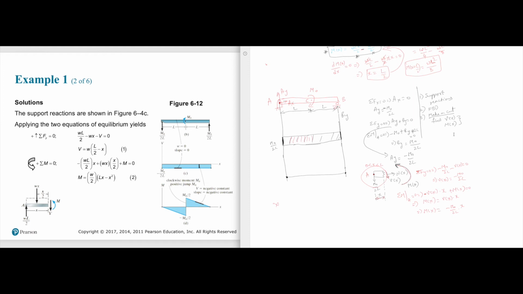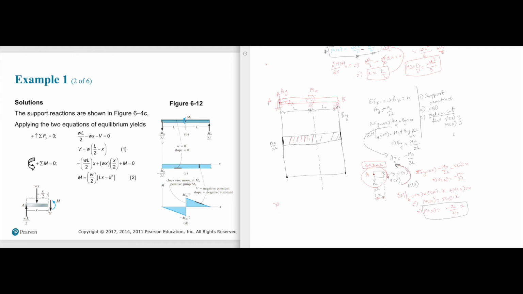So in the region from 0 less than x less than L, what is the equation of moment? Isn't this a line equation with a negative slope? If we have to draw this, moment at x equal to 0 is 0.